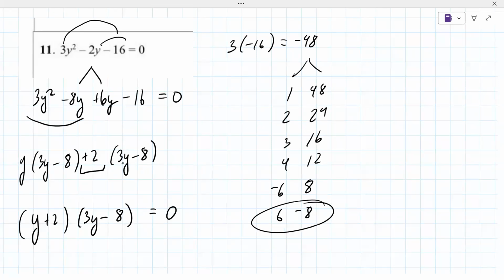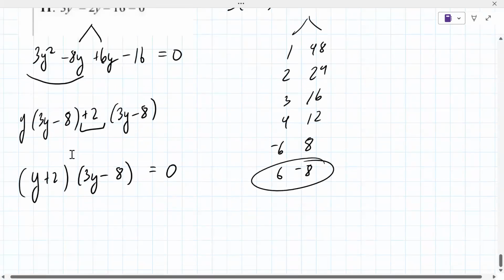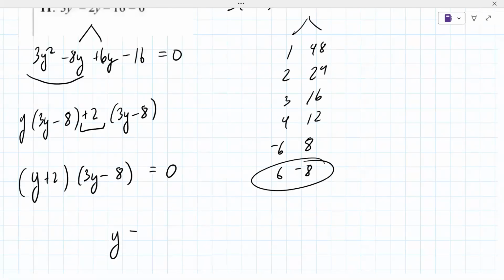Now what's the next step? Make them both equal to 0. There you go. So give me your final y values, please. Y is equal to -2 and 8 over 3. Very good.